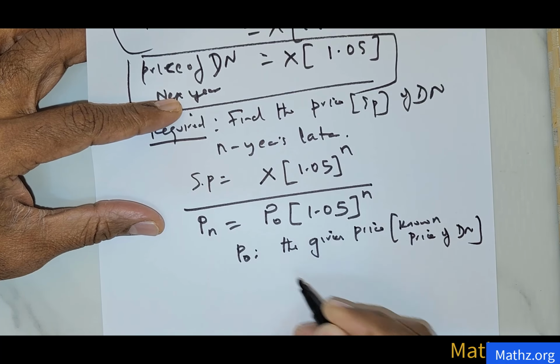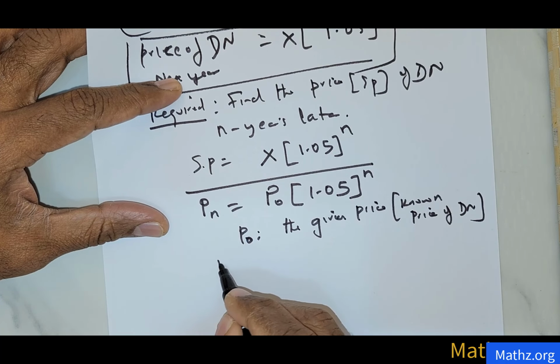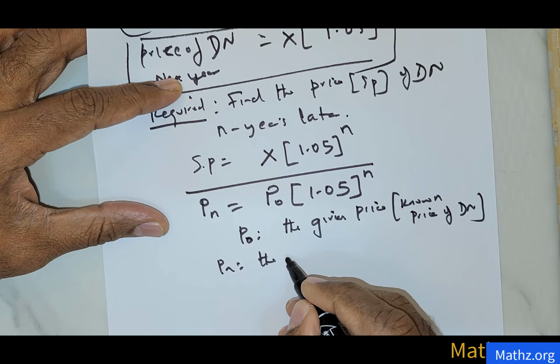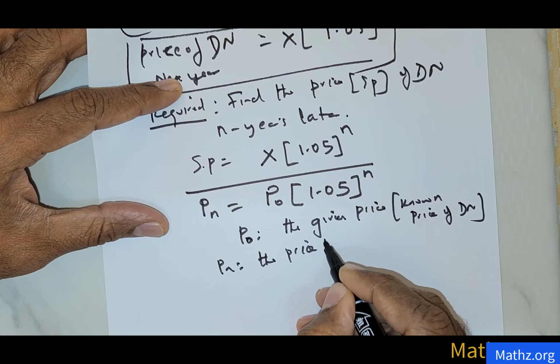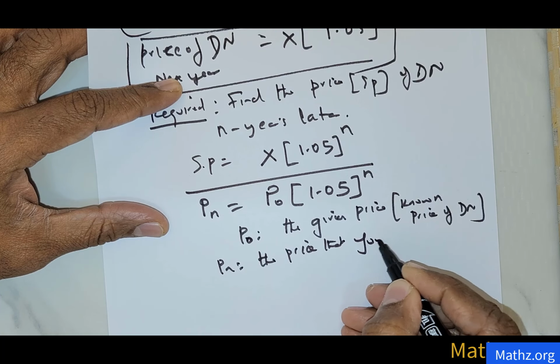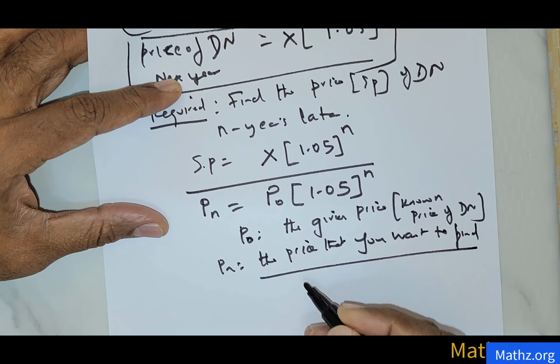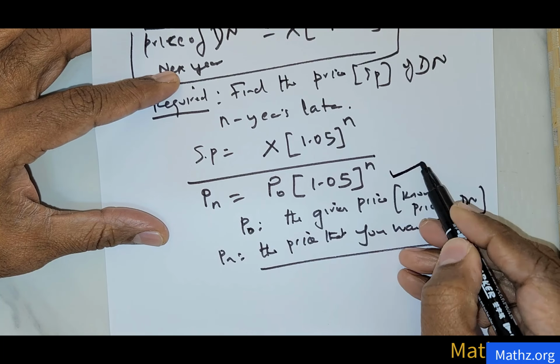P0 is the known price. Now Pn is the unknown, or in other words the price that you want to find. So this is the solution for the question.